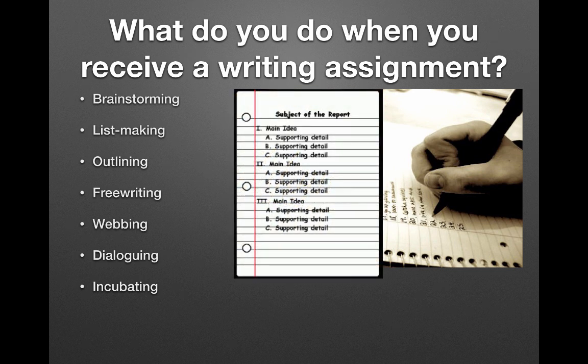The second method that many people talk about is outlining, and what we're seeing here is actually a formal outline. We see Roman numeral 1, Roman numeral 2, Roman numeral 3, and then under that capital A, B, C. And if we went down to the next level, we would see number 1, number 2, number 3, and then the next level, little a, b, c, and then down to little Roman numerals after that.